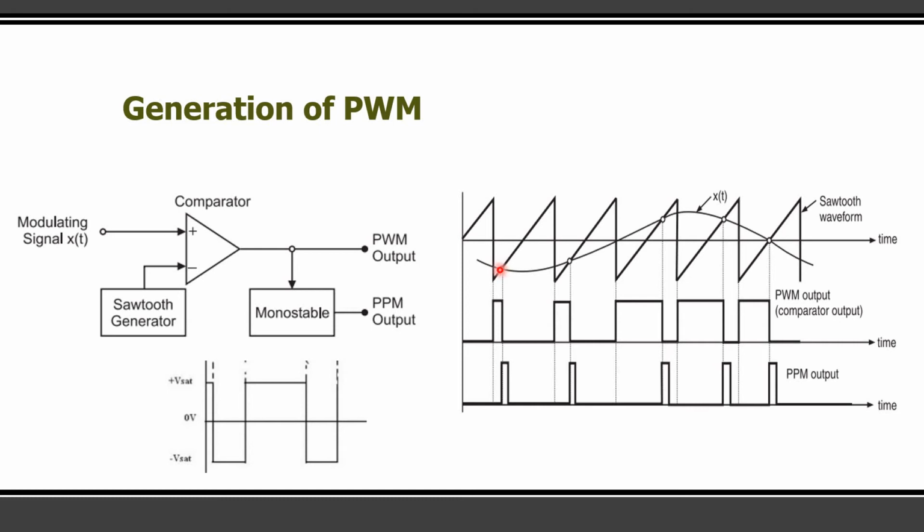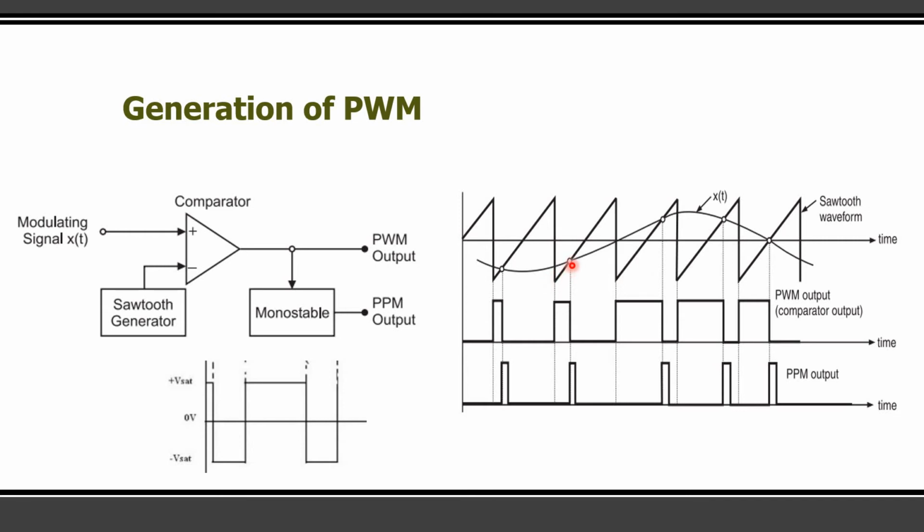After this time instant, the sawtooth waveform amplitude is higher compared with the message signal. That's why we get a negative saturation, and till this end we will get a negative saturation. Then the second pulse is generated from the sawtooth generator, again compared with the original message signal.